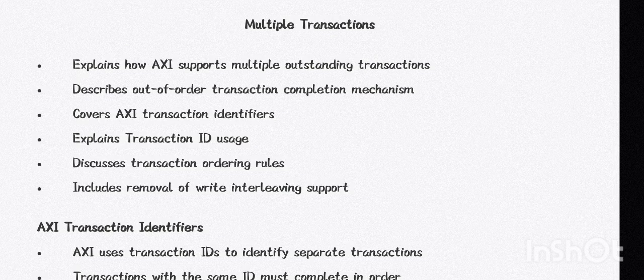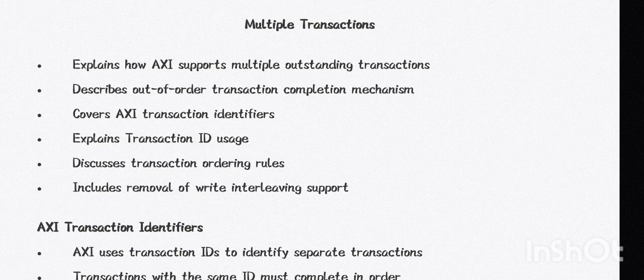AXI transaction identifiers. AXI uses transaction IDs to identify separate transactions. Transactions with the same ID must complete in order. Transactions with different IDs can complete out of order. A single port can act like multiple logical channels using IDs.